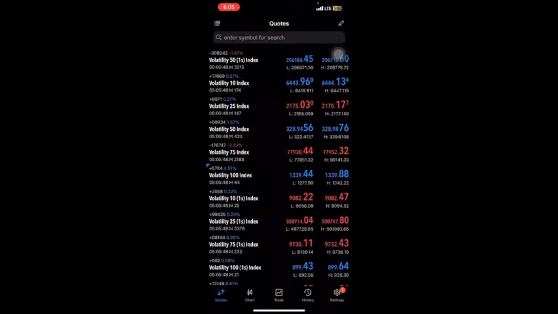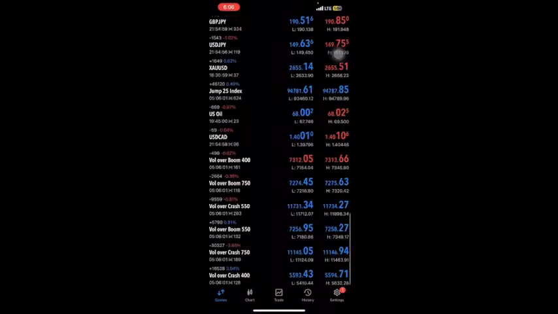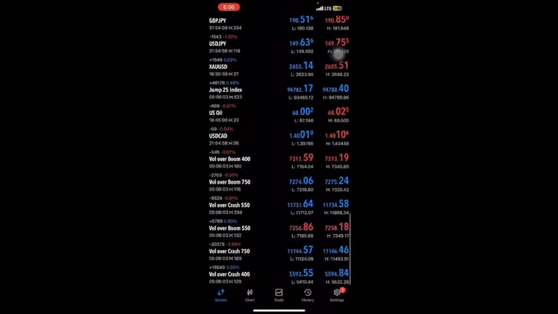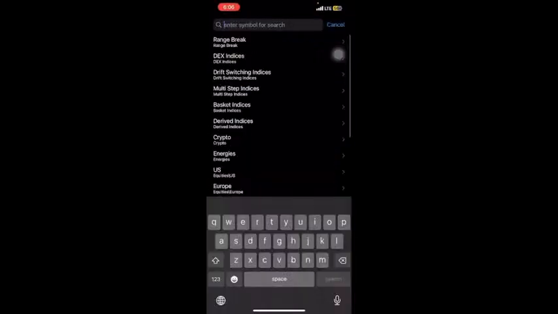They are programmed computer algorithms that mimic the real life market. So some of the synthetic indices are here. You can see there are several of them, in several groupings. You have the range break, the DEX indices, you have the drifts, and the rest. So many of them.